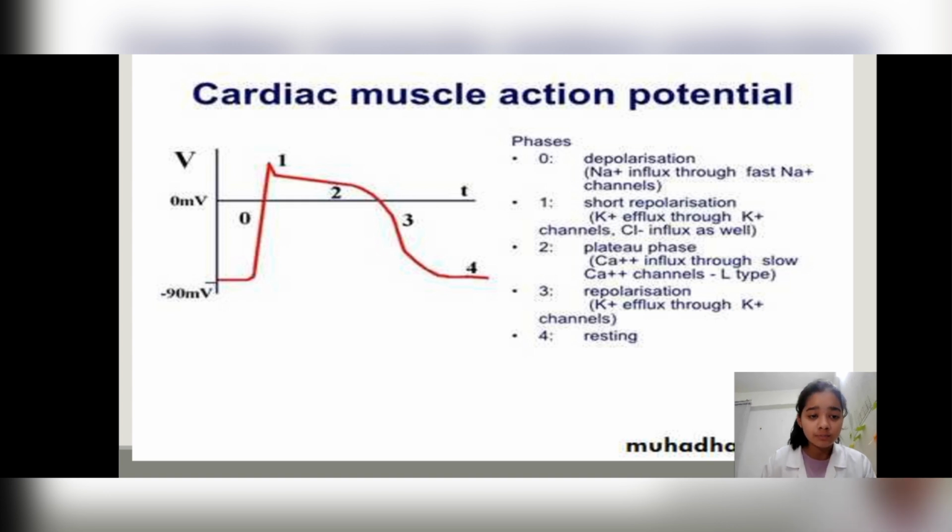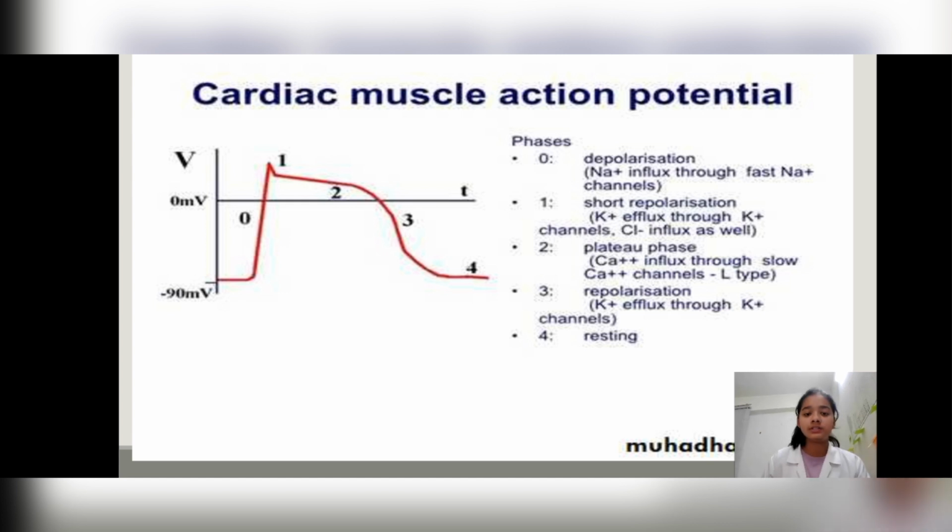Here fast sodium channels close and our potassium channels are open. At the start of phase 2, our calcium channels open but fast potassium channels are closed, so a plateau is observed.